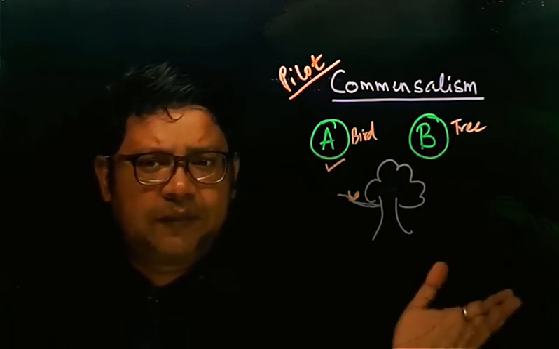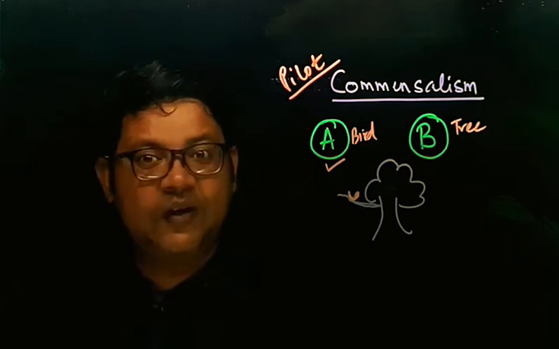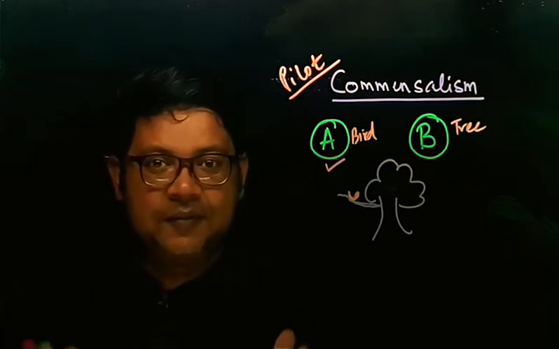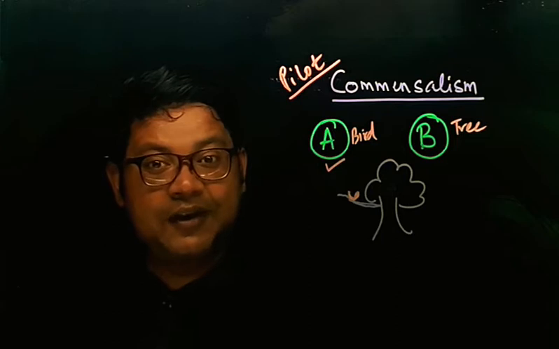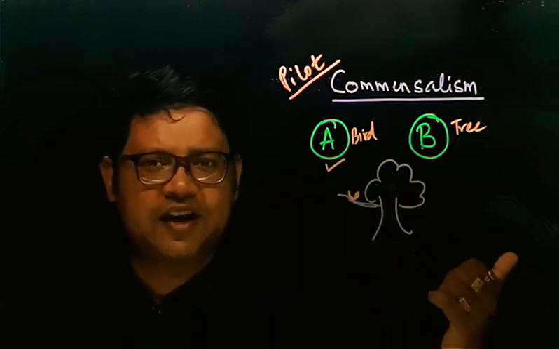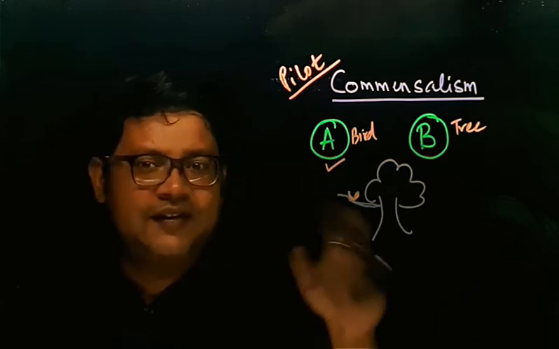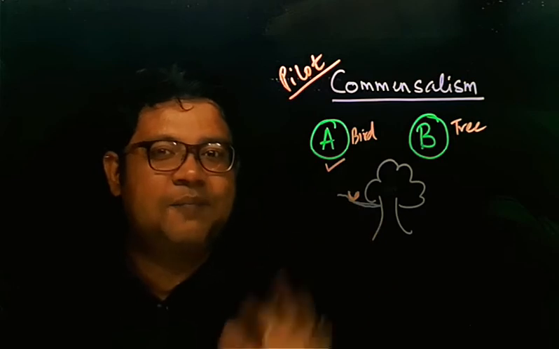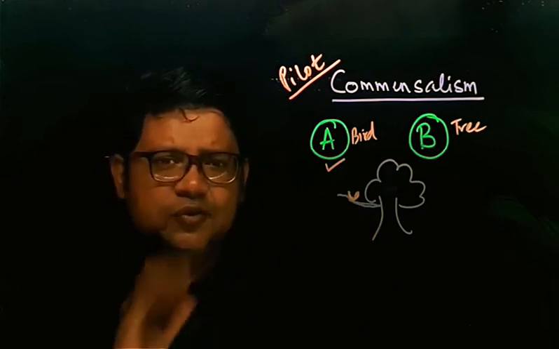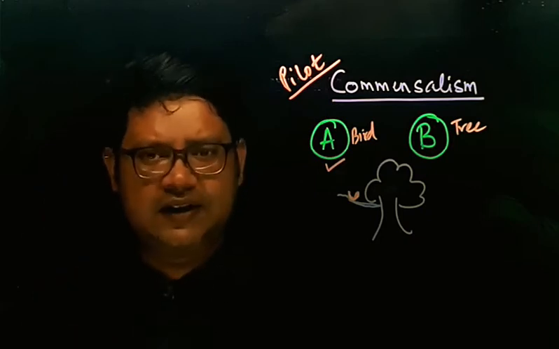But the presence of the pilot fish does not bother the shark. So it's a type of commensalism. The pilot fishes are getting benefited, but it does not bother the shark itself. The shark is neither getting benefited nor getting harmed. So you can find there are many examples of commensalism. I have just given you these two examples. The concept should be clear.